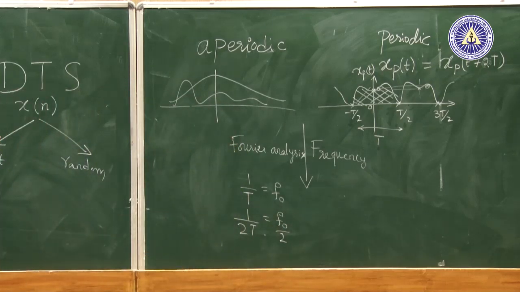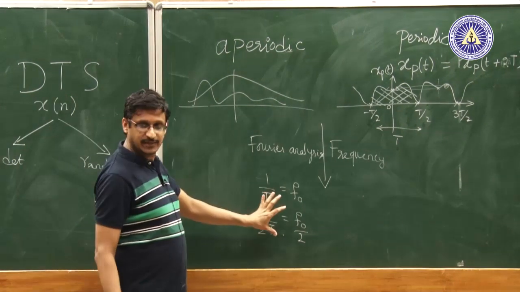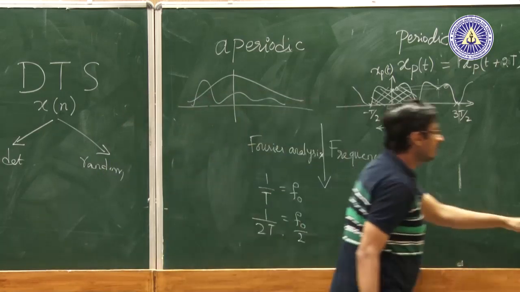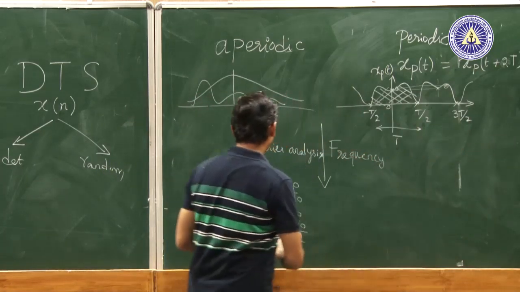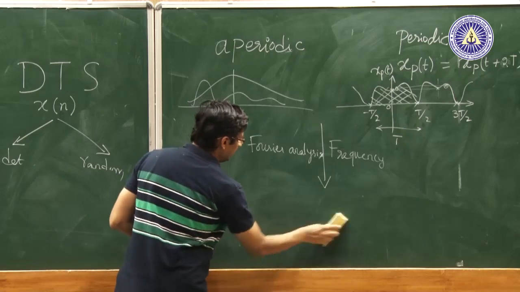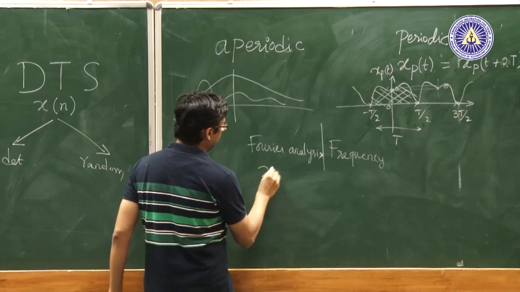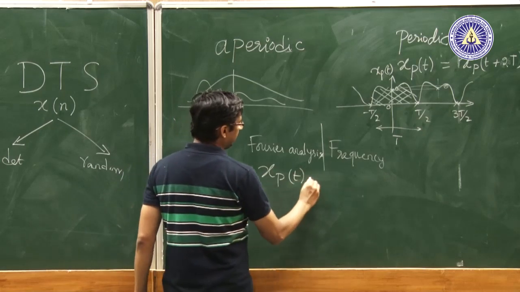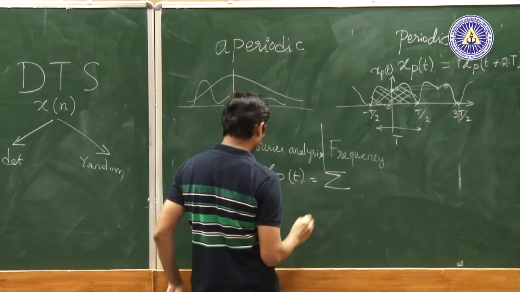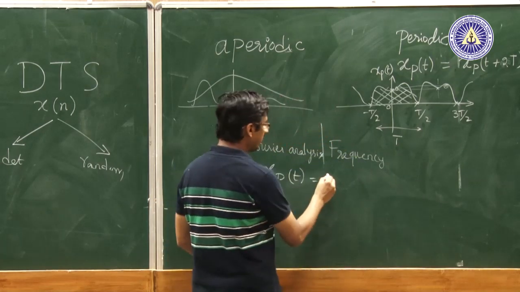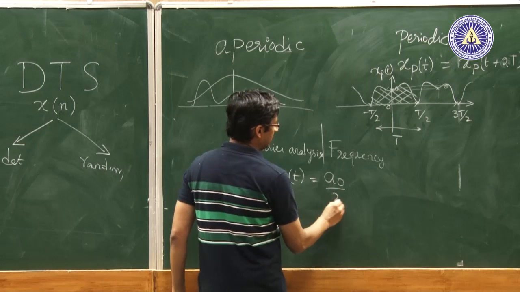So, I will in fact have these different frequencies coming up, and there is a general way of writing periodic functions or periodic signals in terms of what is called a Fourier series, in which you write this xp of t as, I will first give you what is called the trigonometric form of this series, which is given by.